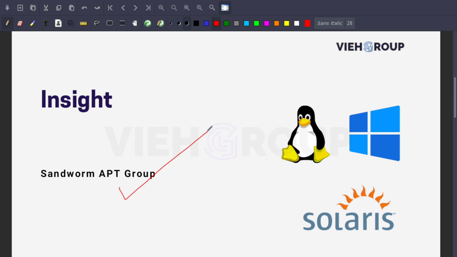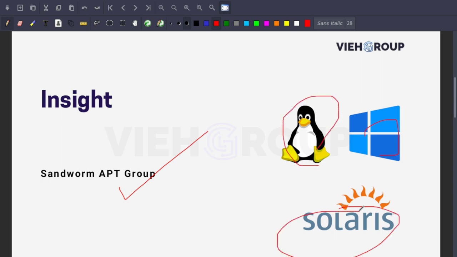The group used an updated version of Industroyer. Previously they used Industroyer, and right now they are using Industroyer 2 for this attack. They have used it recently along with several worms and Vipers, which especially target Windows, Linux, and Solaris OS.